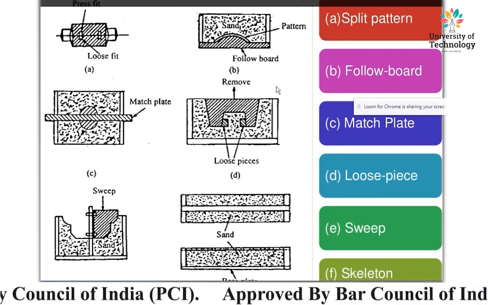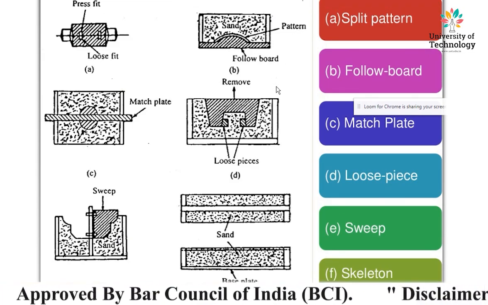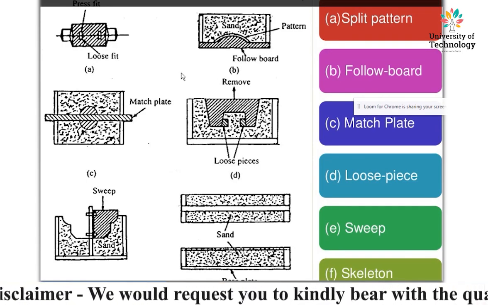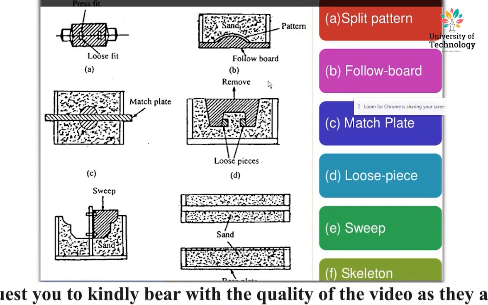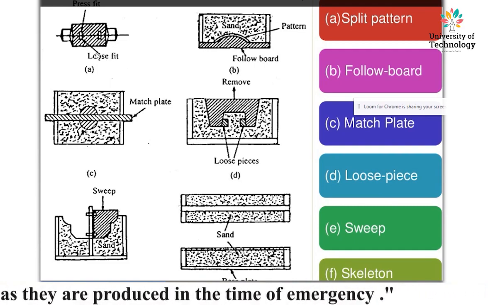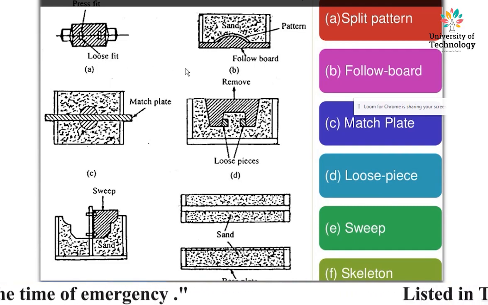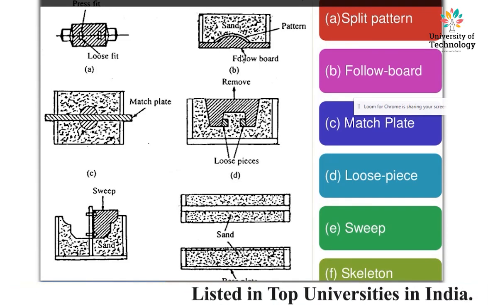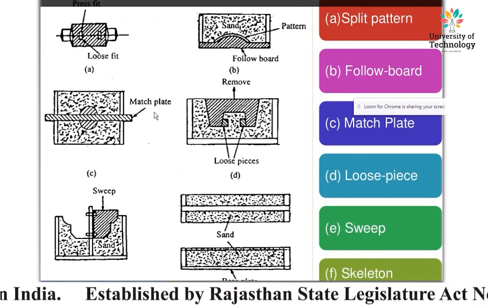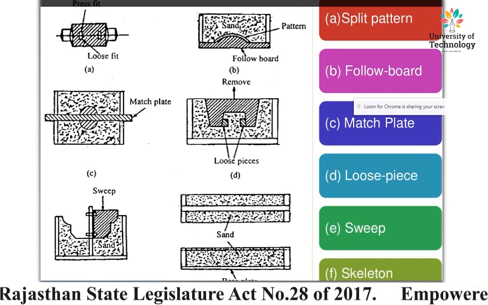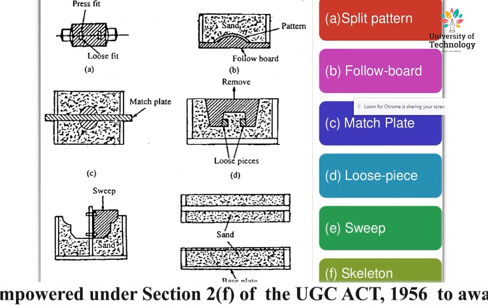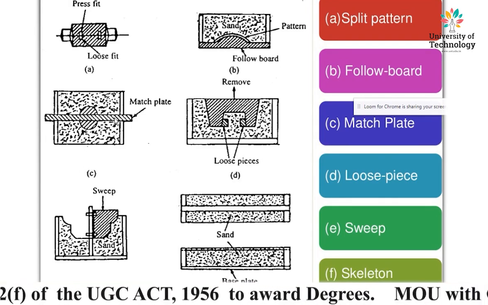We can see here 2D drawings of the types of patterns. The first one is the split pattern. It has two pieces as per this drawing, and a hollow board. That type of pattern is mounted on a particular board. A match plate pattern has patterns on both sides of the plate, and the ensuing casting will match together.